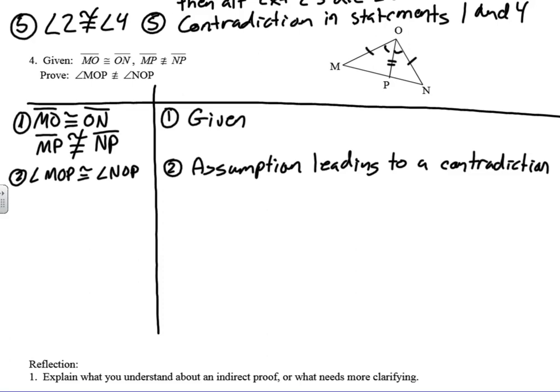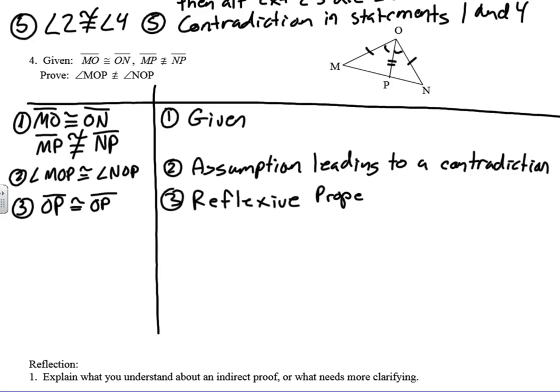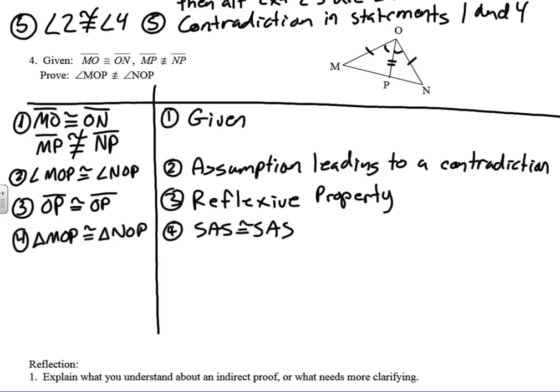We could say that OP is congruent to OP by the reflexive property. And then with those things, now we could actually say that those triangles are congruent, based off of that assumption. So triangle MOP is congruent to triangle NOP, and the reason for that would be side angle side, congruent to side angle side.